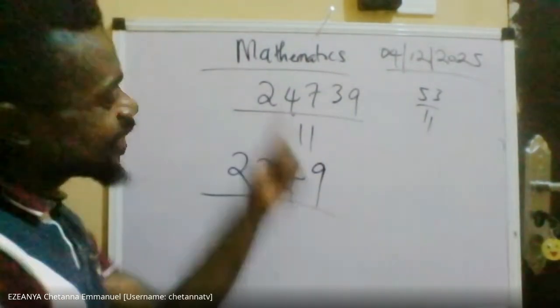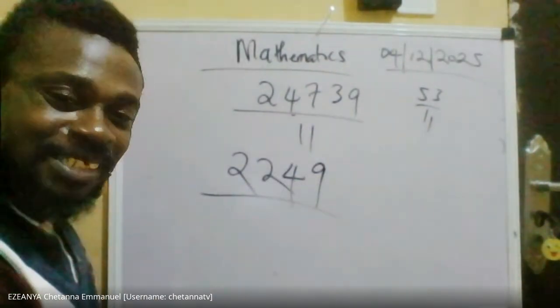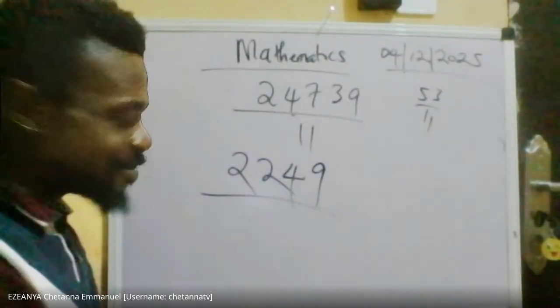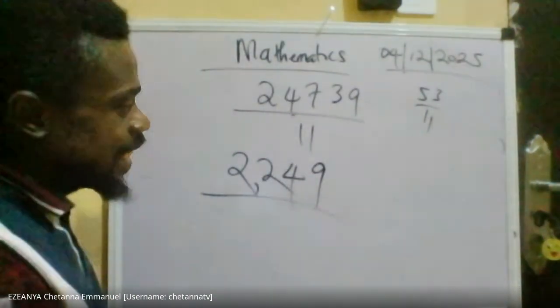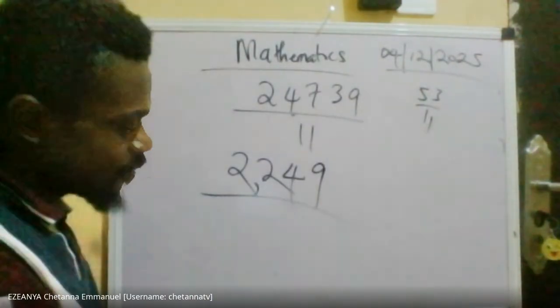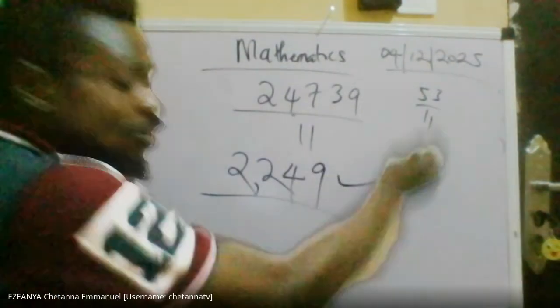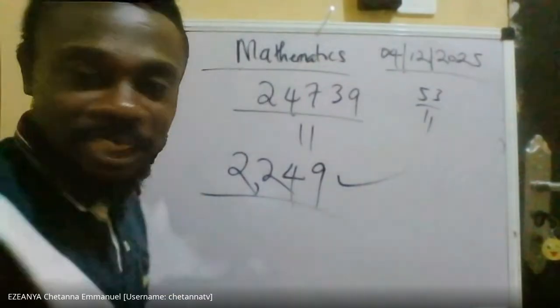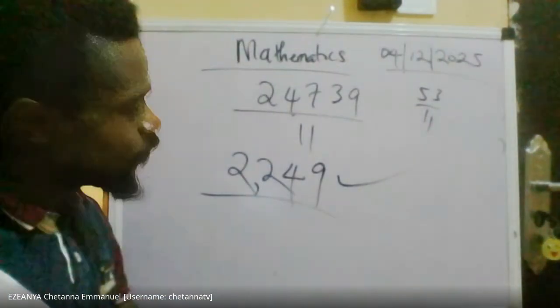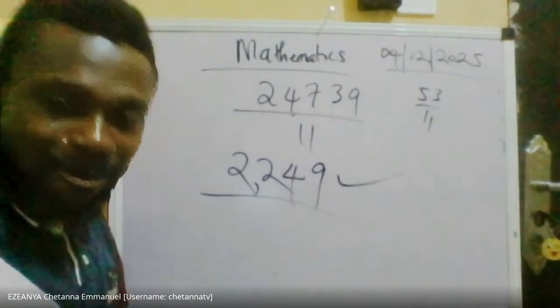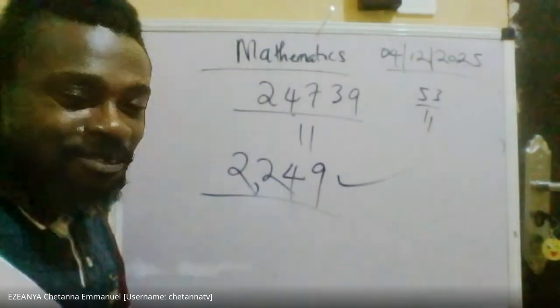So this number is divisible by 11 without a remainder. So 24,739 divided by 11 is 2,249. So I can mark this rule through, but you can test other numbers to confirm. But for now, I can mark this rule for 11.